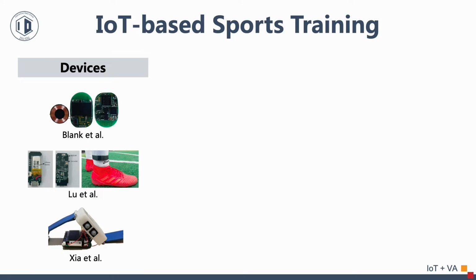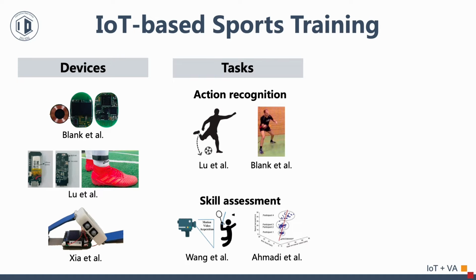Currently, IoT technology has been widely studied in sports training. Various devices have been introduced to collect trainees' detailed kinematic data during the training. Researchers use the data to investigate tasks such as action recognition and skill assessment.